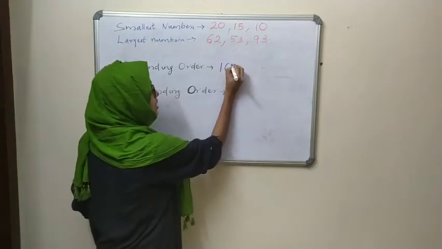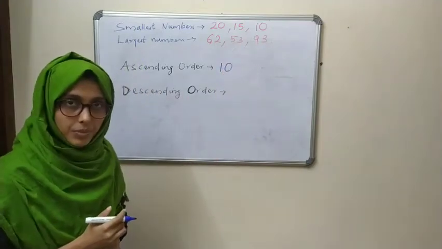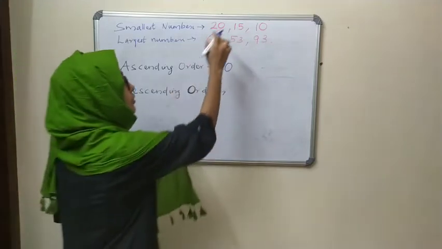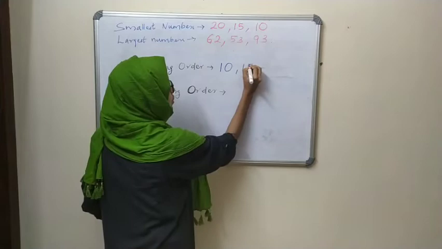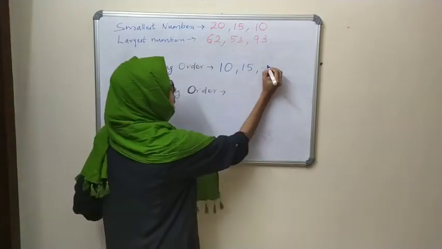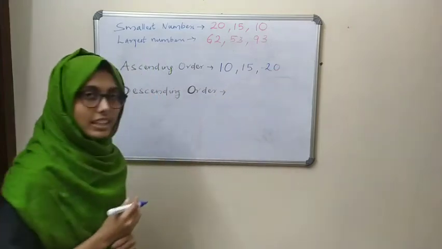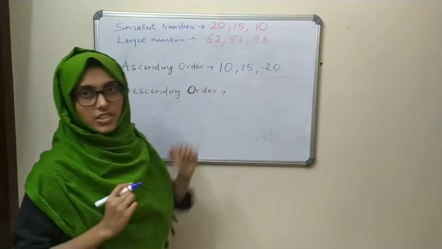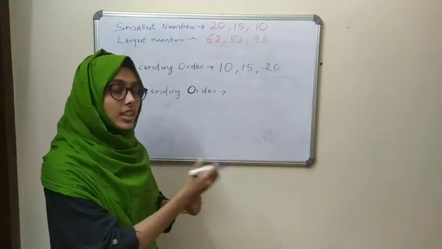So first I will write 10. After that, which is the largest? 15. So 15. And after that 20. So from the smallest to the largest.